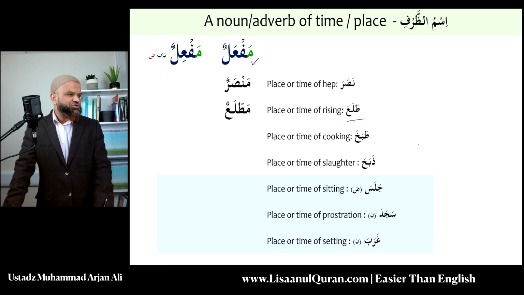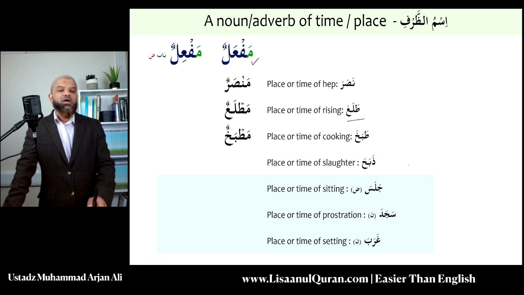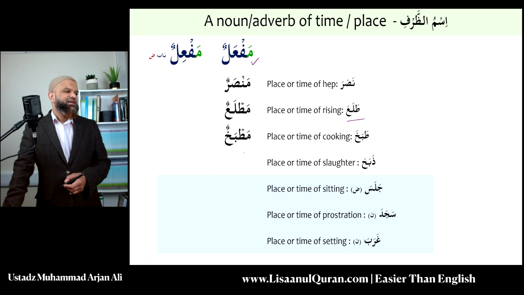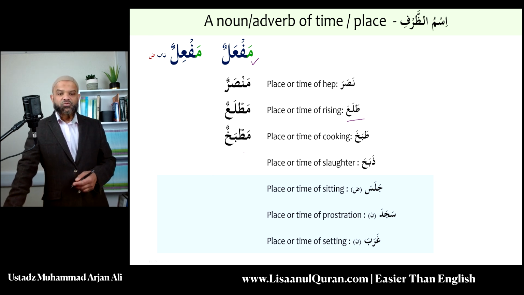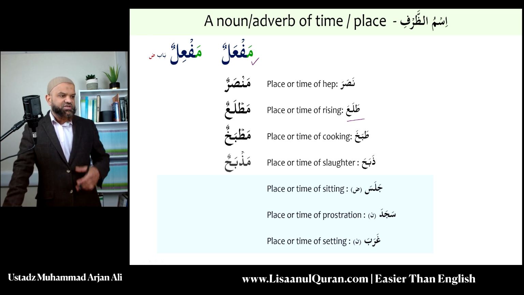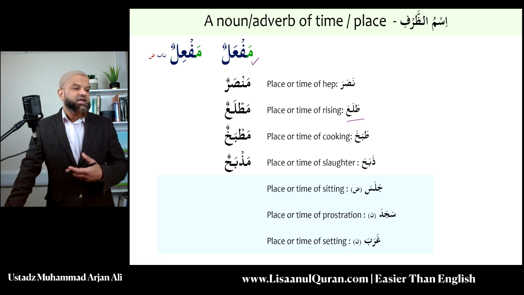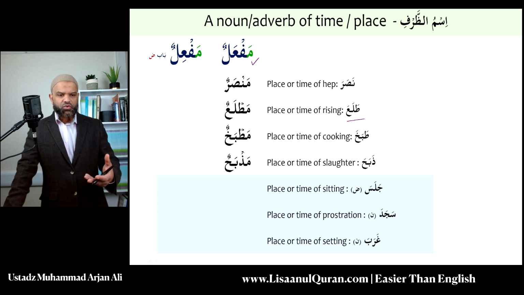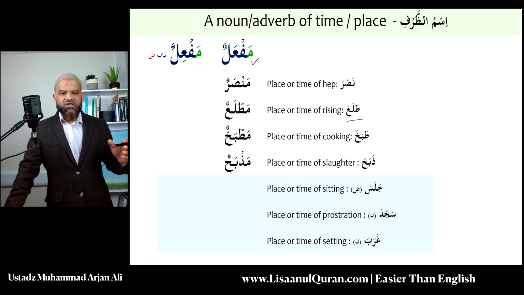And tabakha is quite interesting, meaning cooking. The place of cooking is called matbakhun. Matbakhun, in English you can translate that as the kitchen, the place where the cooking is done. And then we have dhabaha, which means to slaughter, and the place or the time when the slaughtering took place is madhbahun.